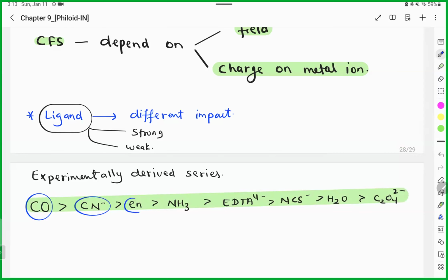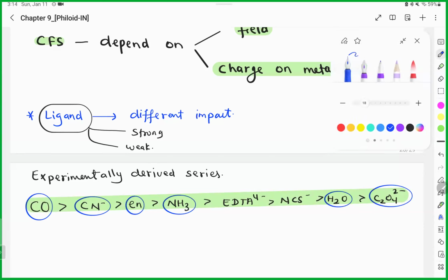You will study ene is a strong ligand. In hexaamine cobalt, we had this also, a strong ligand. And in one of the questions, water is also a strong ligand, in the question, not in theory that I taught. Okay, so these are the strong ligands.